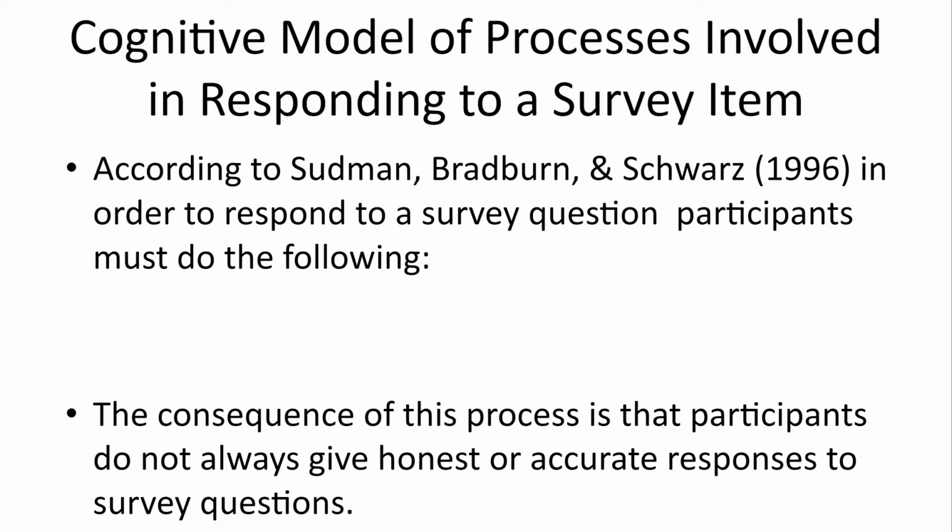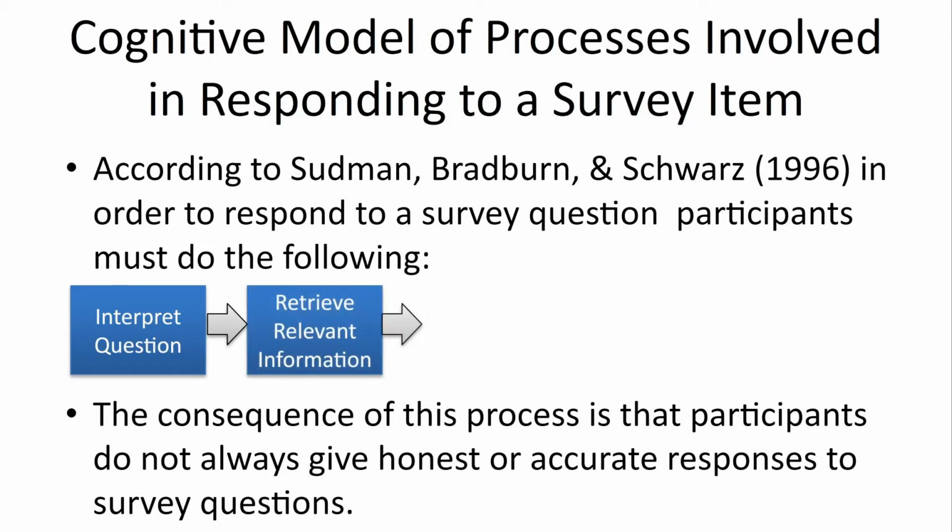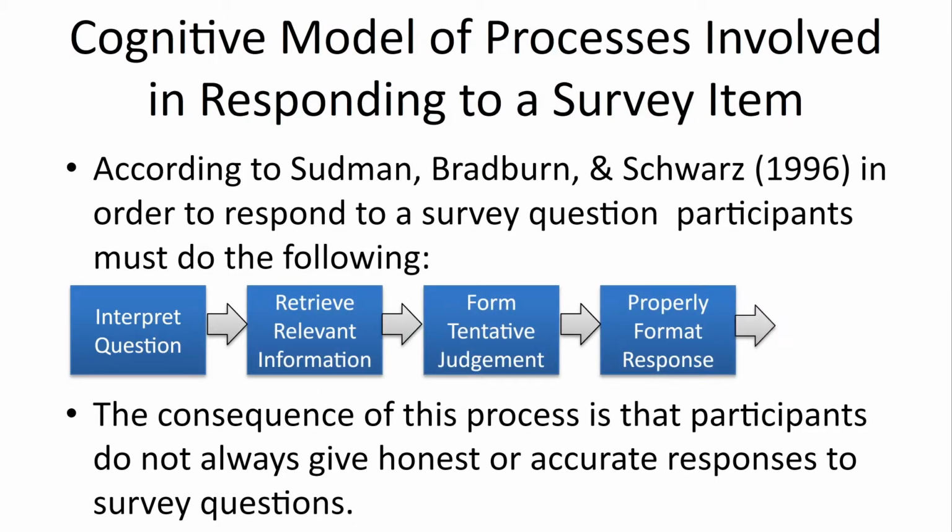Step one is to try to figure out what the question is asking, to interpret that question. Step two, after they've decided they understand the question, is to retrieve the relevant information from memory. Step three is to use those retrieved memories to form a tentative judgment.